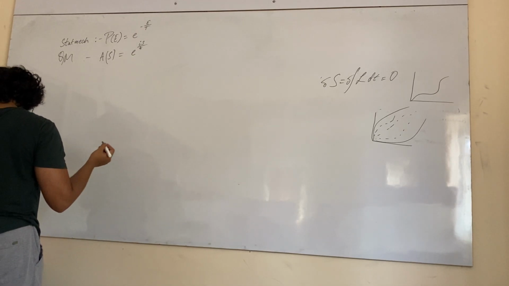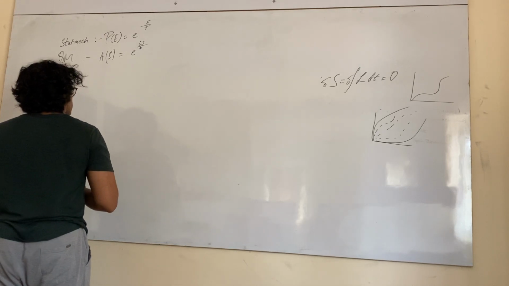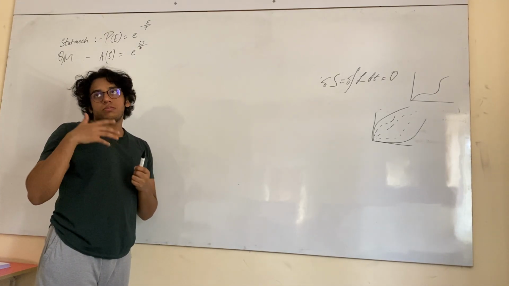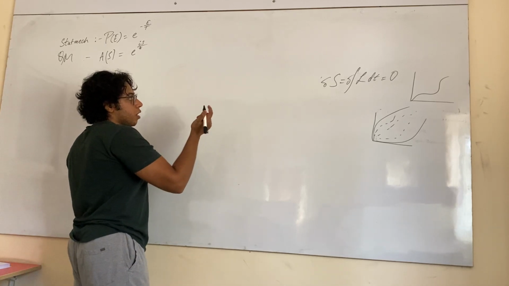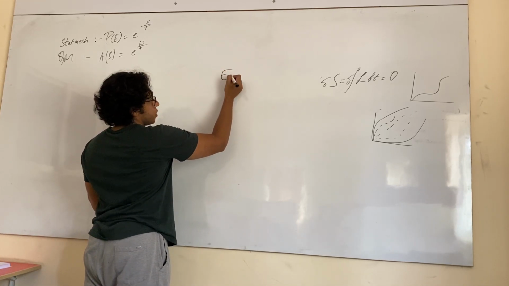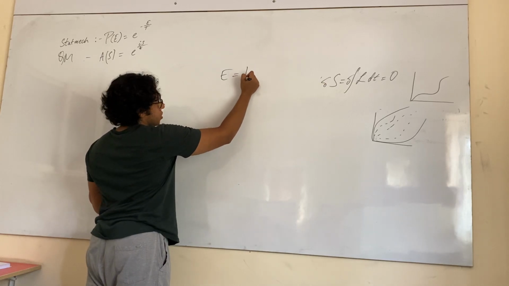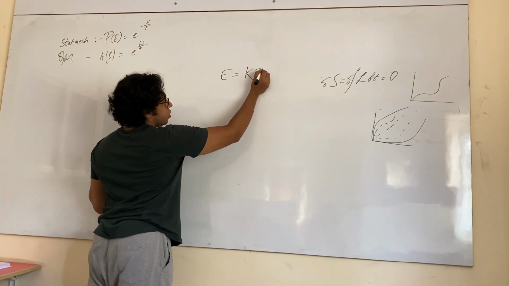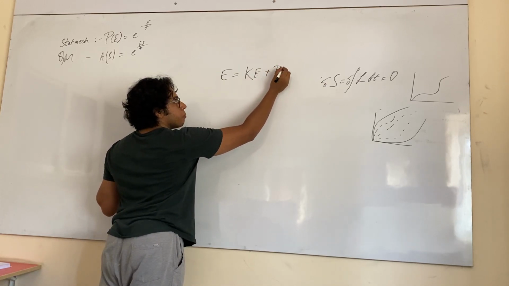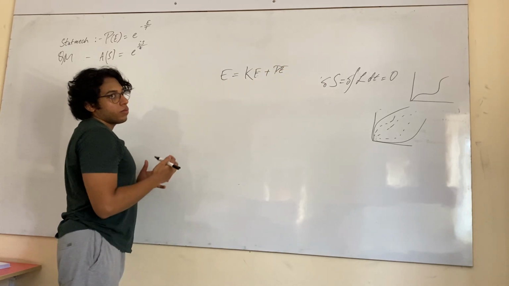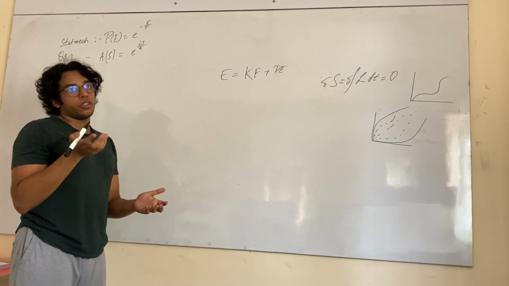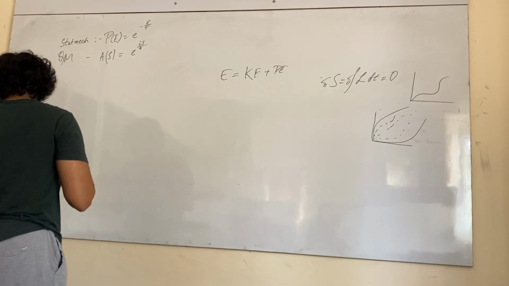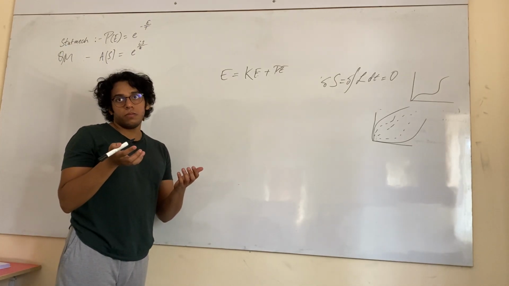So now, as we know, we go back to the very beginning. How is your energy expressed? It is divided into two components: your kinetic energy plus the potential energy. Similarly, now you have the free energy of the system.